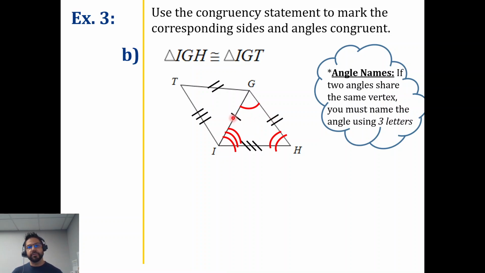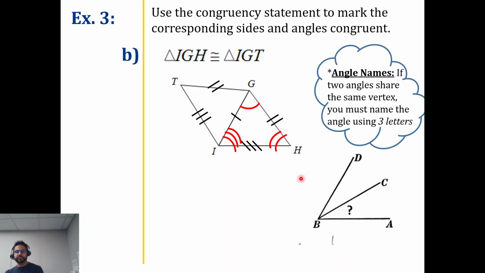So if I start on mark 1, I travel to G, and then I travel to 2, which is IGH. Over here on the other side, 1 to 2. Hey, you know what? We are getting kind of lucky here. 1 to 2, which happens to be IGT. So that's that discussion.